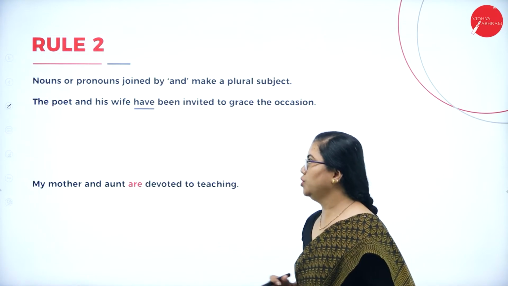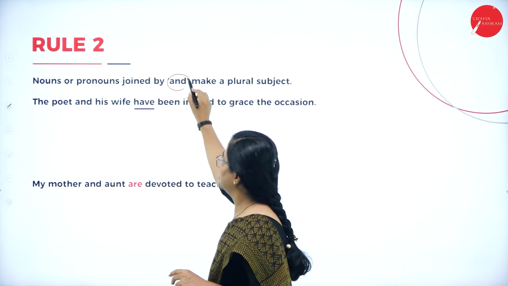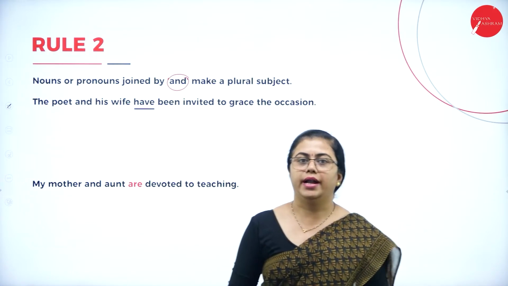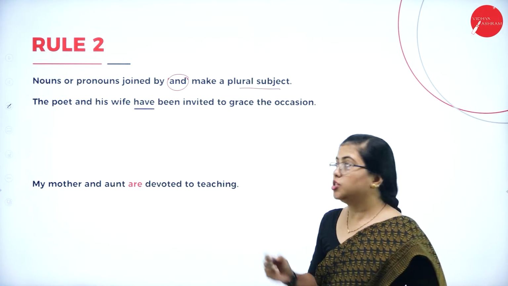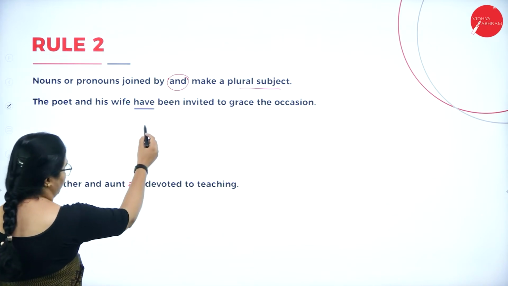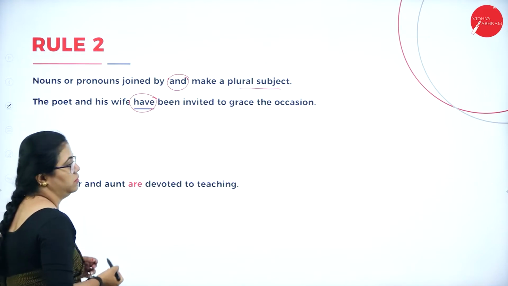Okay, now to rule number 2. Nouns or pronouns joined by and, any conjunction you use. Any nouns or pronouns you join by adding conjunctions in between, they become a plural subject. So here you can see the poet and his wife have been invited to grace the occasion. So here you can see the word have.